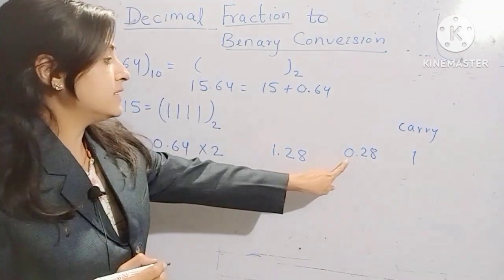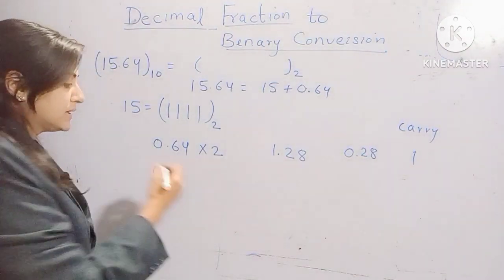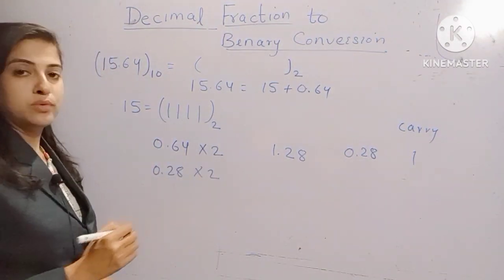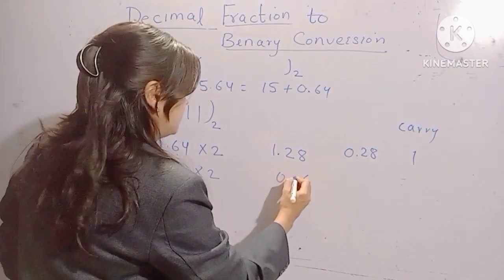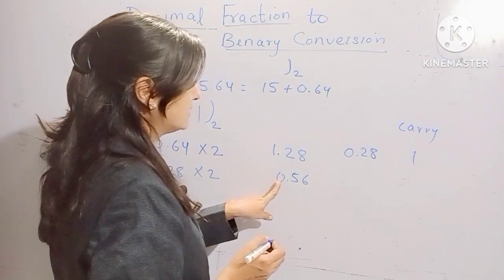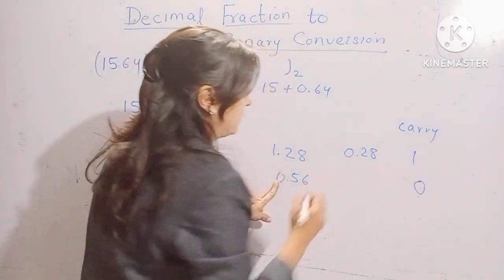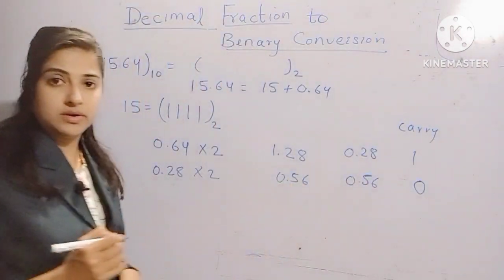Then this number 0.28, I'll again multiply by 2. I'll get 0.56. Now in this case, the carry part is 0, so I'll write it here, and the remaining part is 0.56 only.